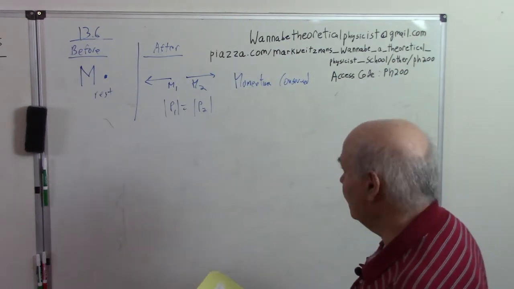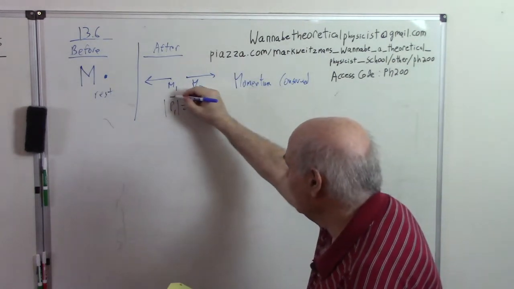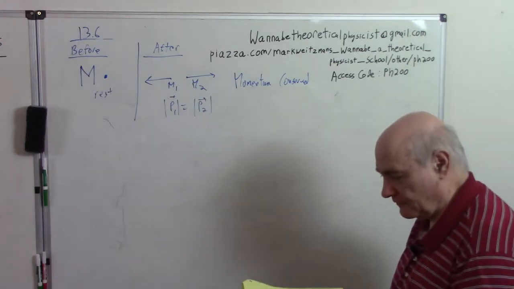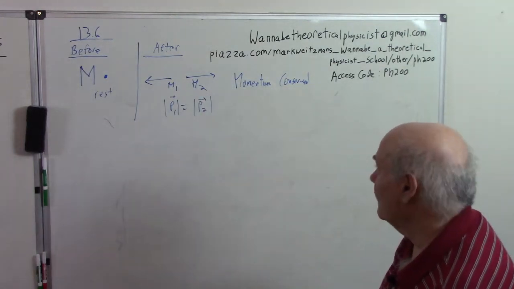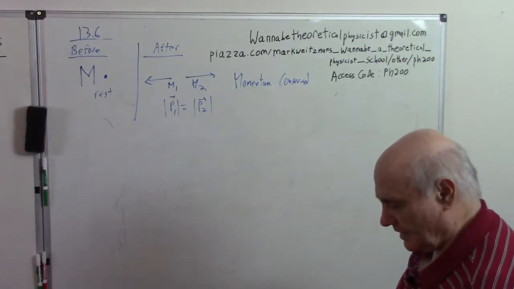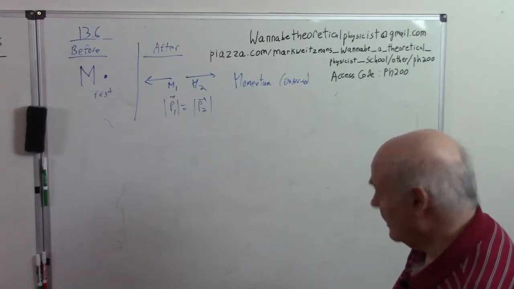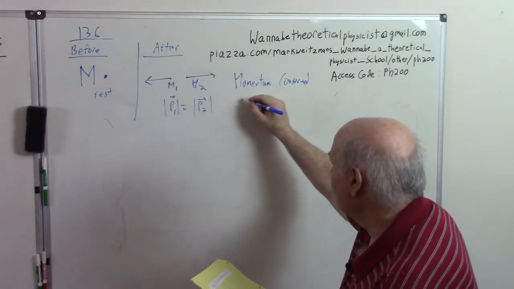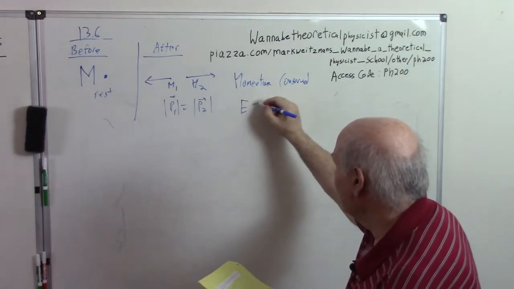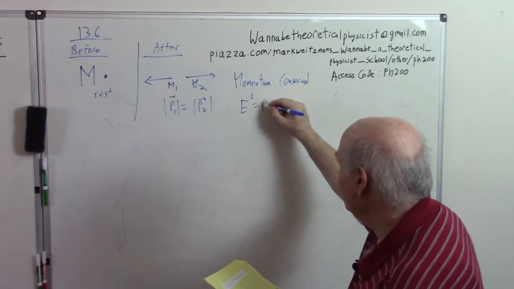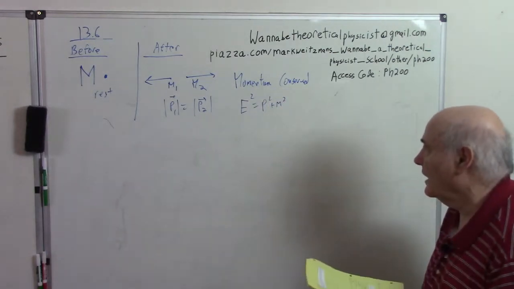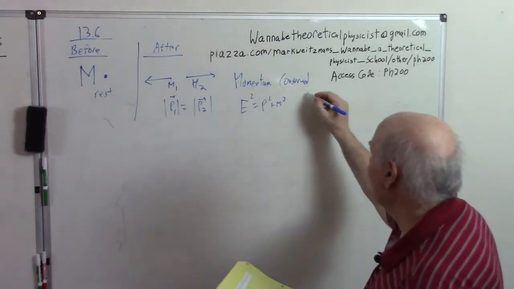And P1 is the vector. I usually leave these out, but I'll put them in case you're confused, because there are 4 vectors in relativity. These are 3 vectors. So we know that, using the usual E squared equals P squared plus M squared, the Einstein relation, and again, working with c equal to 1.